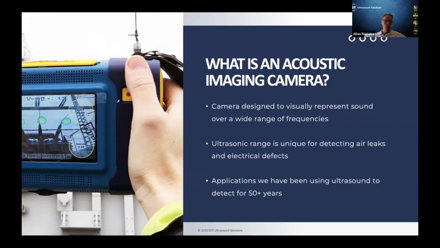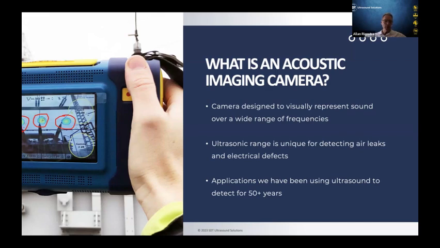Now, one of the ideal uses for an acoustic imaging camera is in a substation. You can see in the image here, we've got a three-phase transformer, and we're picking up ultrasonic noise at all three phases. Sorry, this one's kind of cut out, but you can still see it.